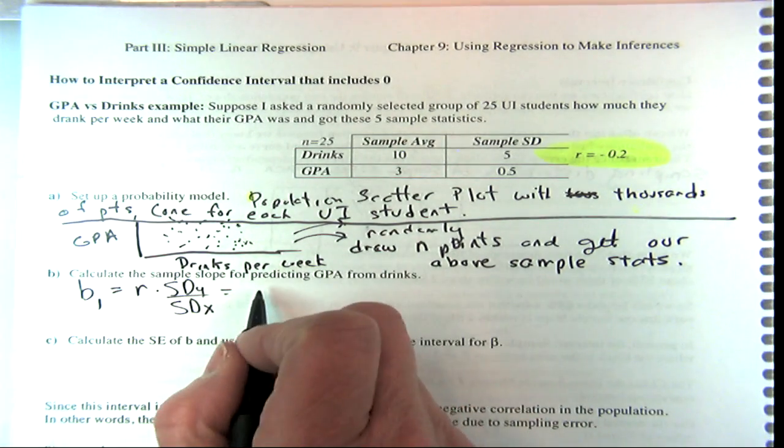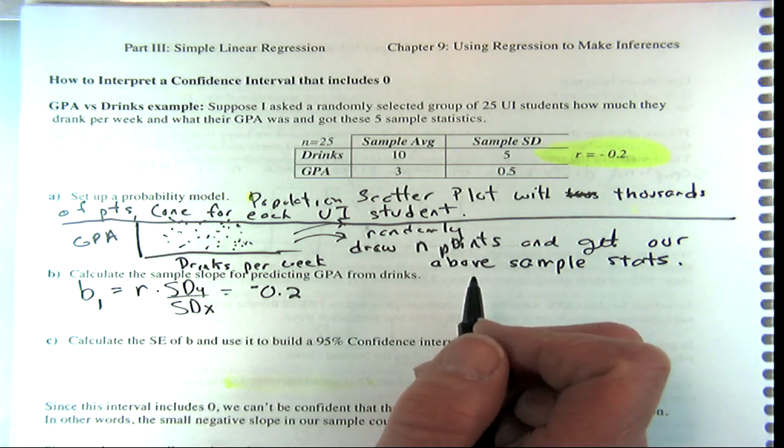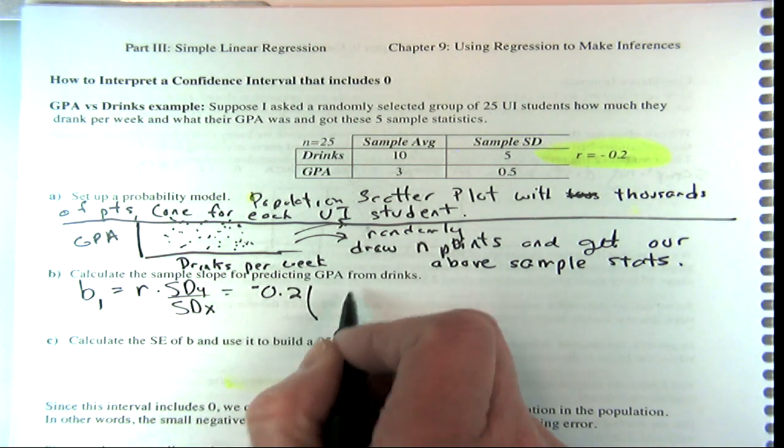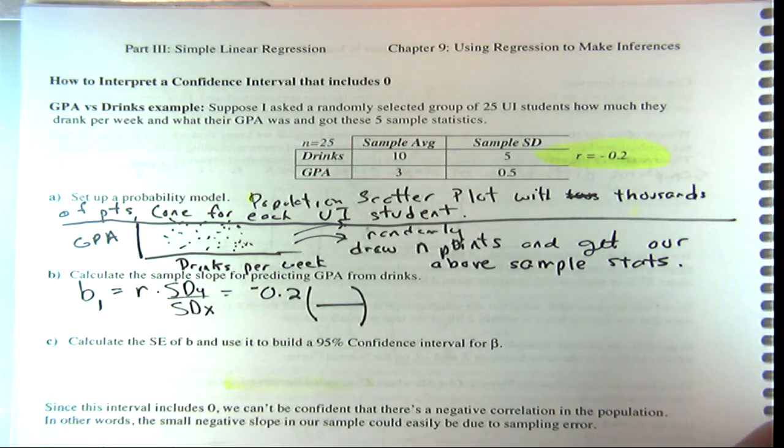Okay, so what do we get? We get negative 0.2 times the ratio there. And which one's Y and which one's X?